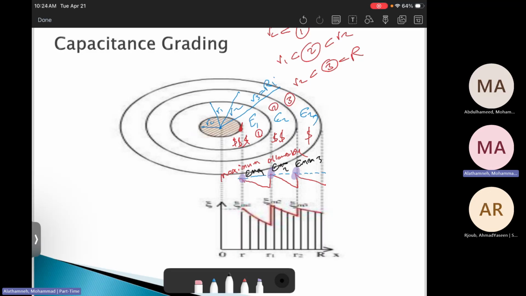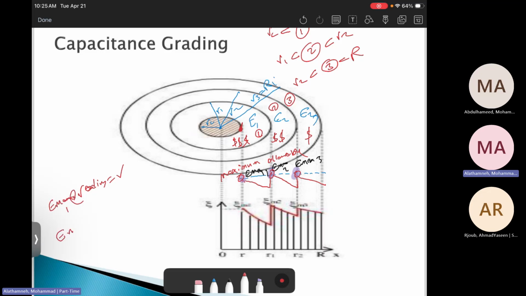We don't want to make it too high. If it's too high, it will exceed the maximum allowable. Or if it's too low, you are spending money on unnecessary things. That's why the optimal situation is to get the maximum here equals the maximum here equals the maximum here. To calculate the first maximum, it happens when the radius equals r conductor, rc.